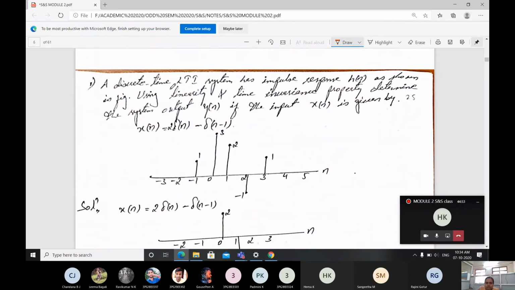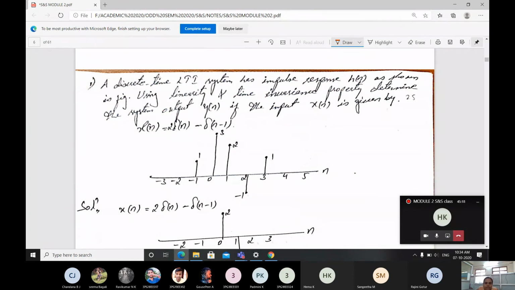Okay, we'll go with one problem here. A discrete time LTI system has impulse response h of n as shown in the figure. Using the linearity and time invariance properties, determine the system output y of n if the input x of n is given.